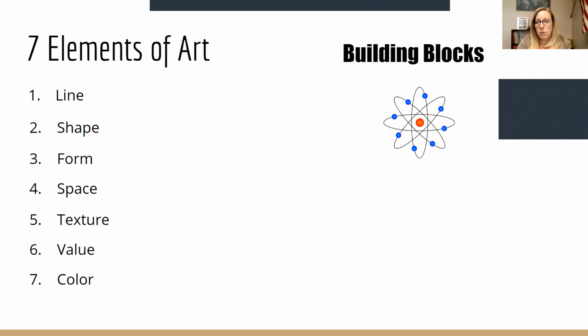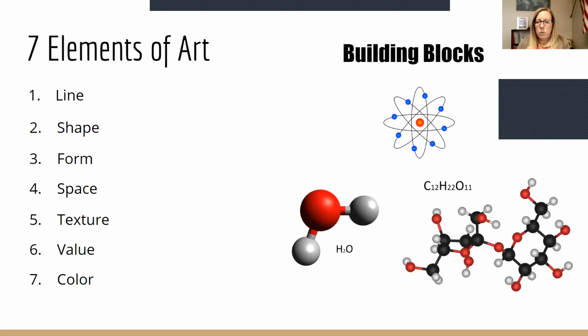And so if you take certain atoms, you put them together and you get certain living things or non-living things. So if you took 2 hydrogen atoms and 1 oxygen atom, you're going to get water. And that's pretty simple, just the 3. Or you could go and have 3 carbon, 22 hydrogen, 11 oxygen, and you end up with sucrose or sugar.